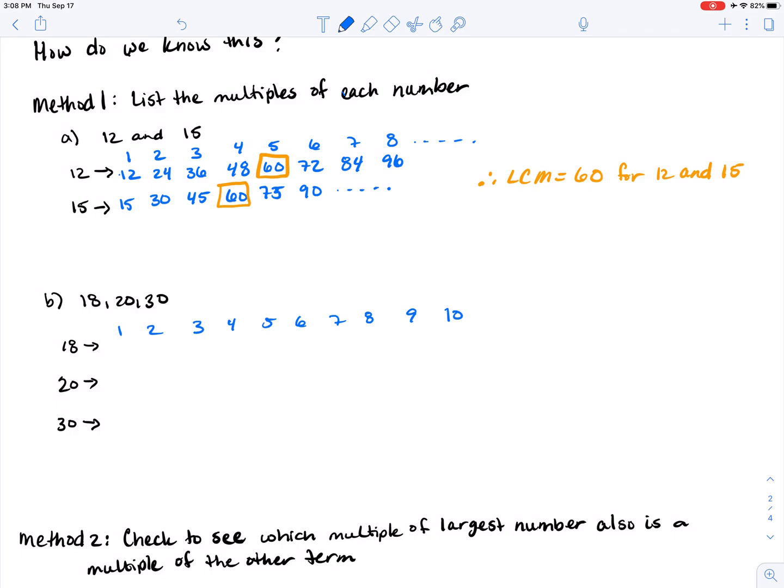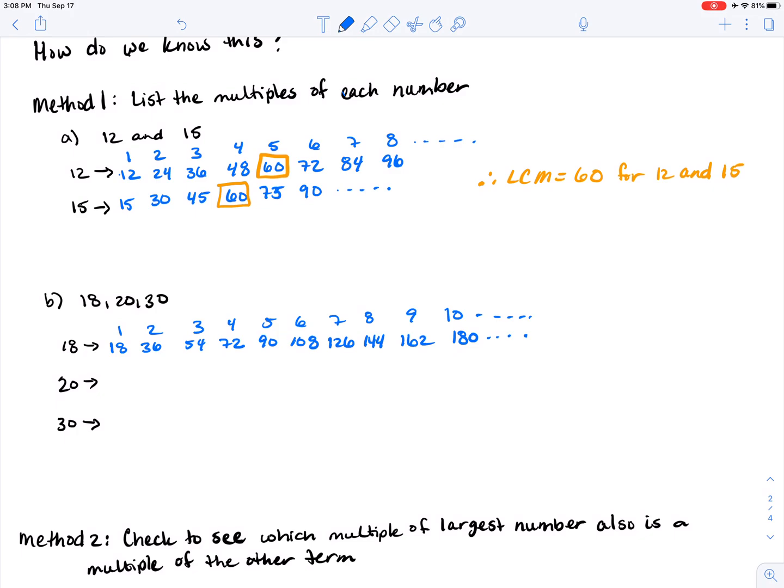So, all of the numbers, I'm going to start with 18, 36, keep going, 54. Bear with me while I write them all down here. And 7 is 126, 144, 9 is 162, and then I finally get to 180. And again, we could keep going, but I'm just going to stop at the multiple of 18 times 10.